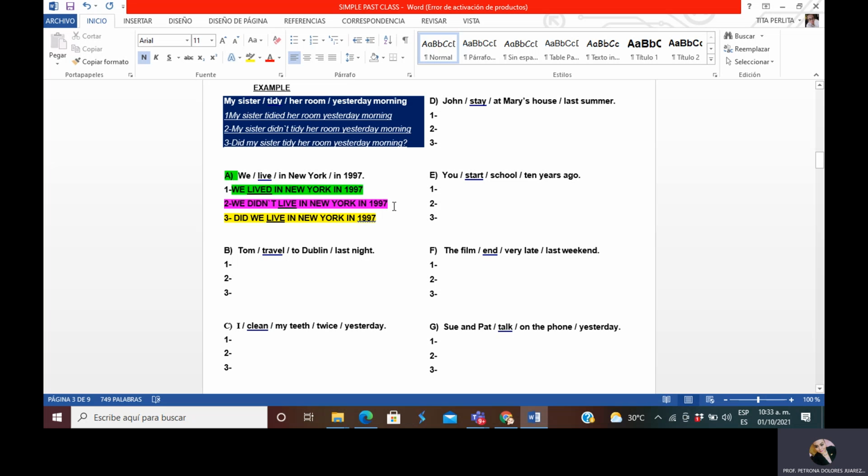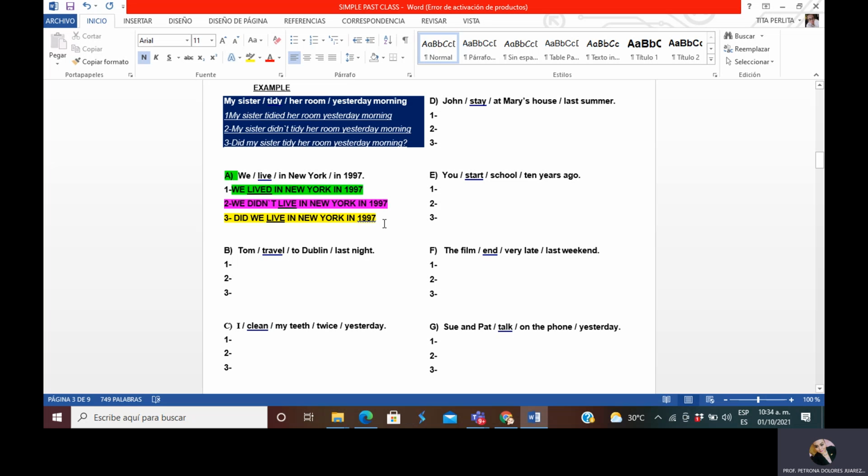And remember, the auxiliary didn't points that I have to use the verb in base form. So in the positive, if you notice in the green positive, I use we lived because it was positive, but when I'm talking about negative, I said we didn't live in New York in 1997.